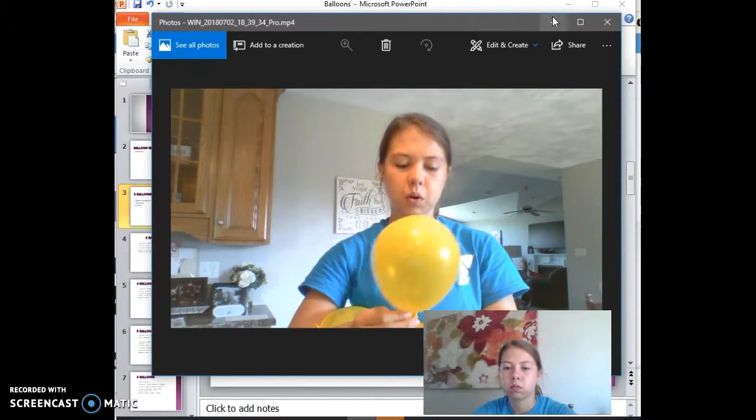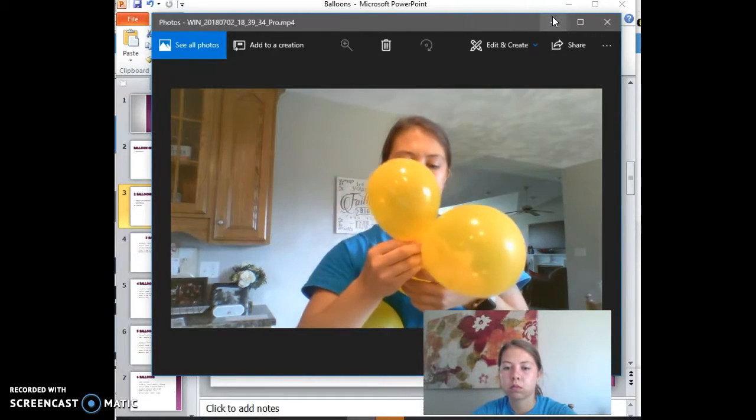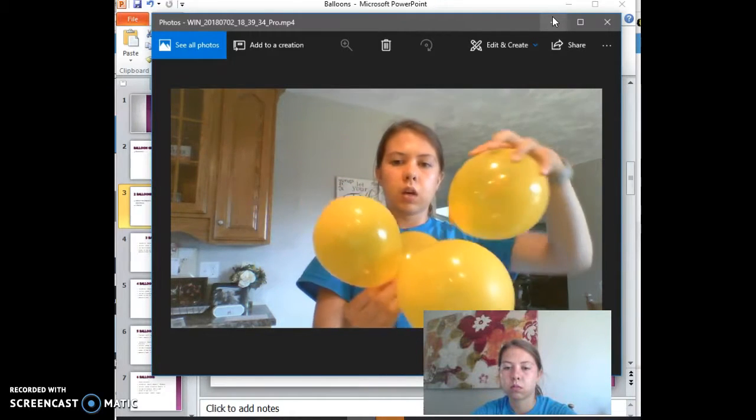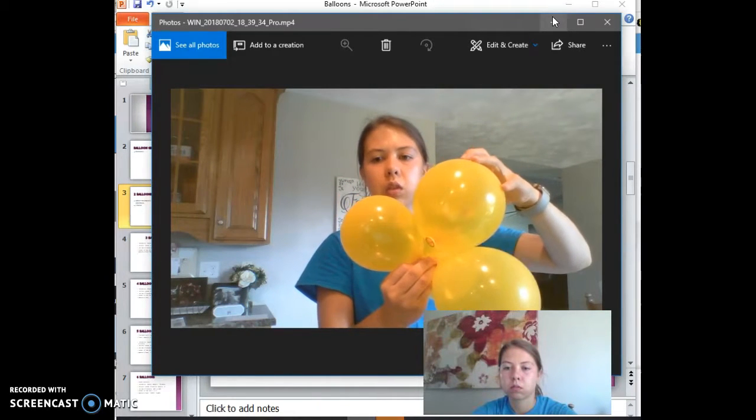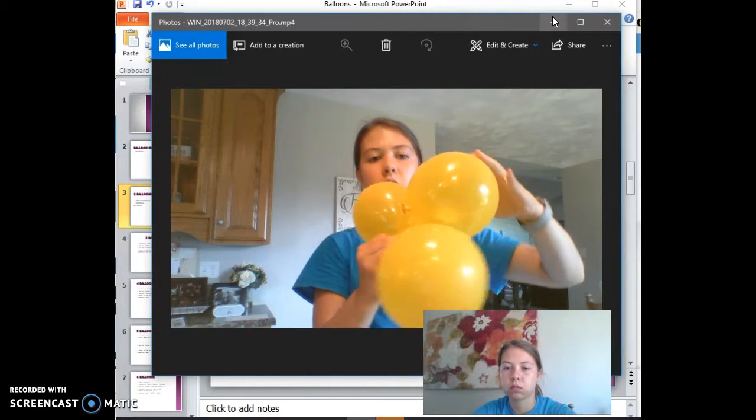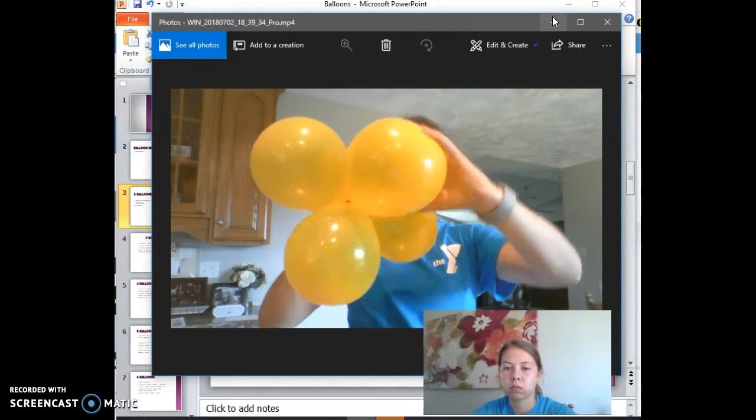Now, whenever I put 4 of my balloons together, it'll form a tetrahedral geometric shape.